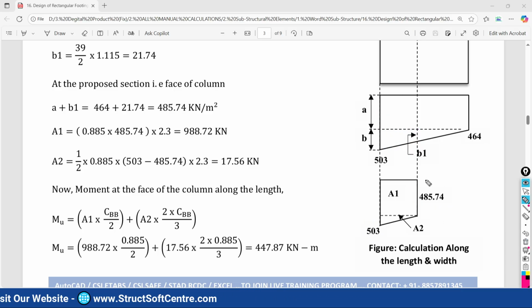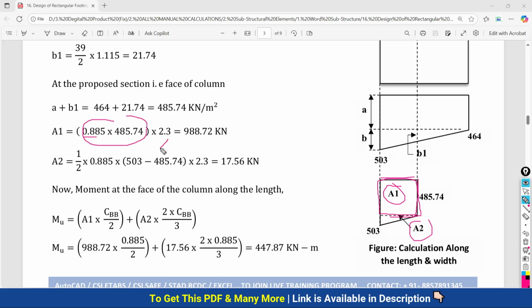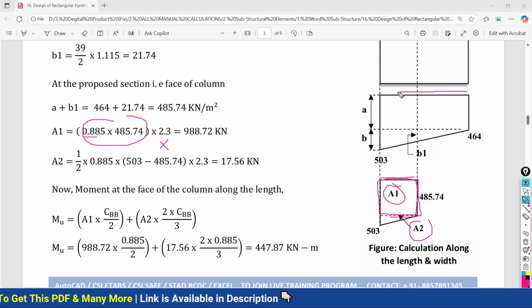And again this entire area is going to be divided into two areas, A1 and A2. So A1 will be what? This projection 0.885 multiplied by this height, which means we are going to calculate this rectangle area. So this is nothing but your area multiplied by the length, because we are going to do the calculation along the width.